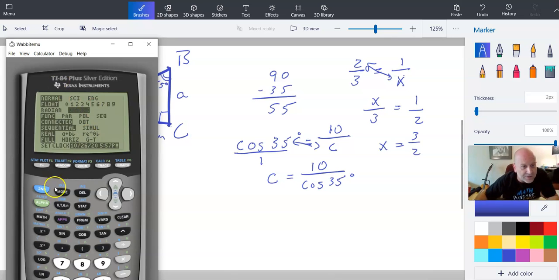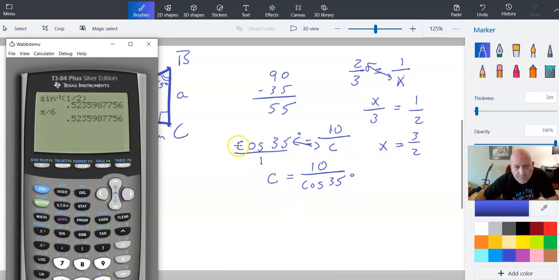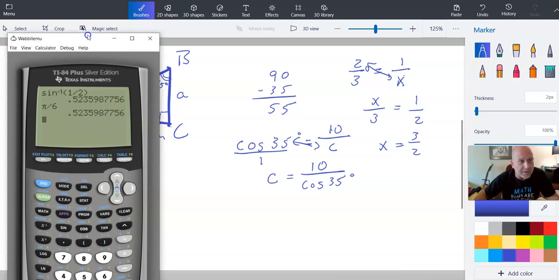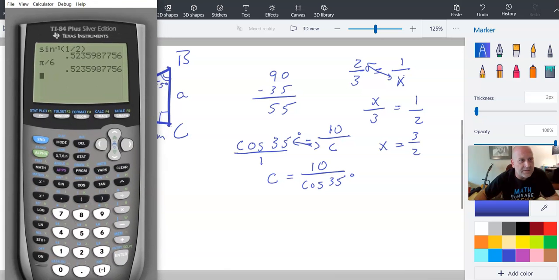Okay, so now we switched it to degree mode. Now we just need to plug in 10. Let me move this up a little bit so we can hit all the buttons. So we got 10 divided by cosine 35, and we'll go ahead and close that up. Enter, and we get 12.2, right?